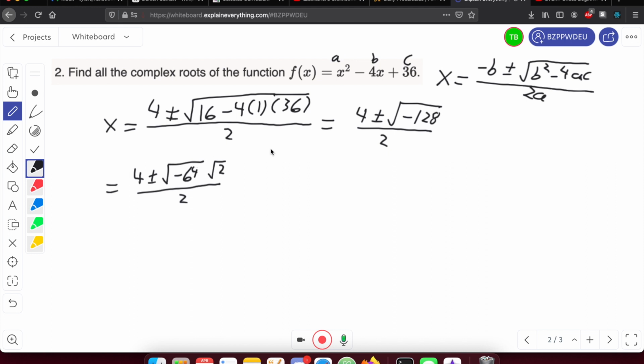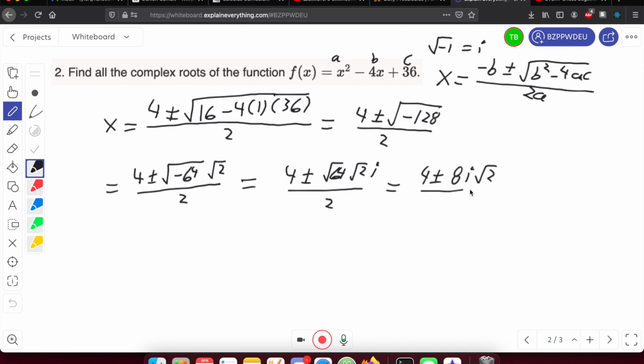And this term right here, since we have that the square root of negative 1 is equal to i, we can simplify this and get 4 plus or minus the square root of 64 times the square root of 2 times i all over 2. The square root of 64 is 8, so we get 4 plus or minus 8i times the square root of 2 over 2.